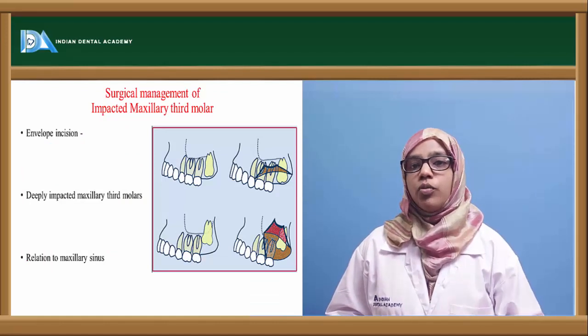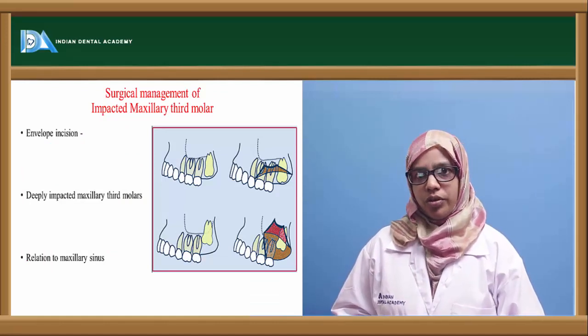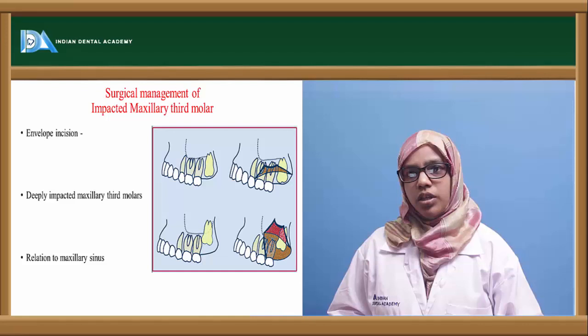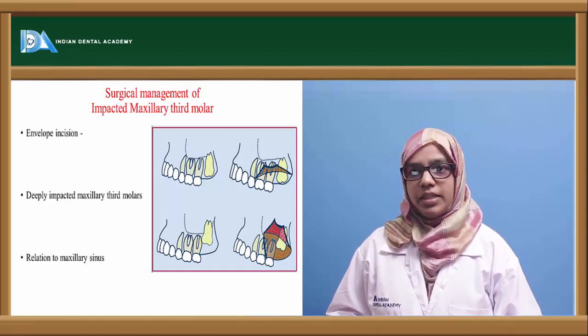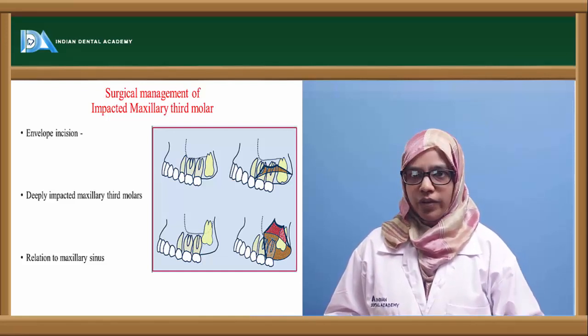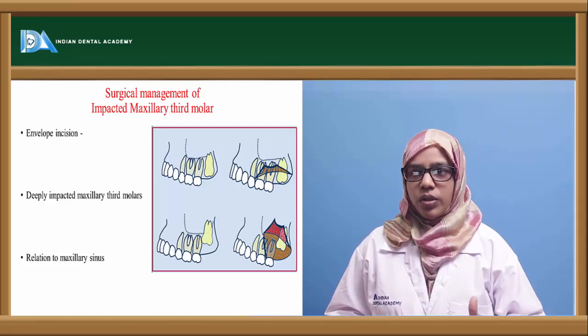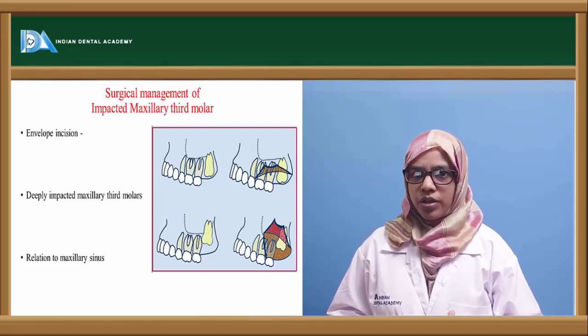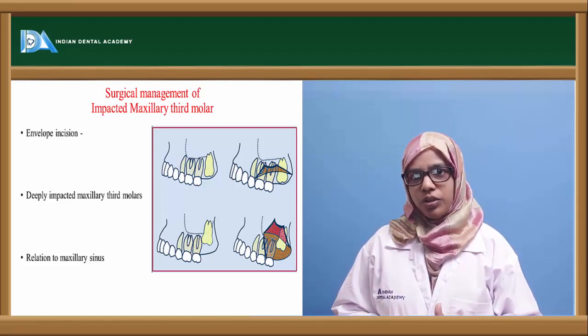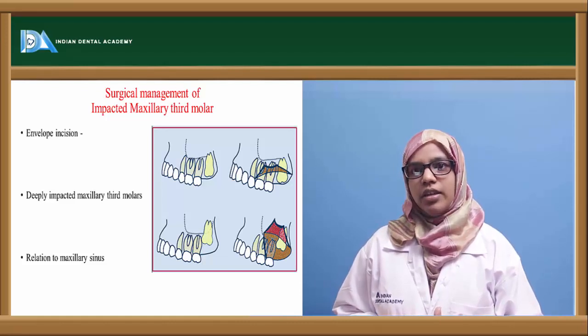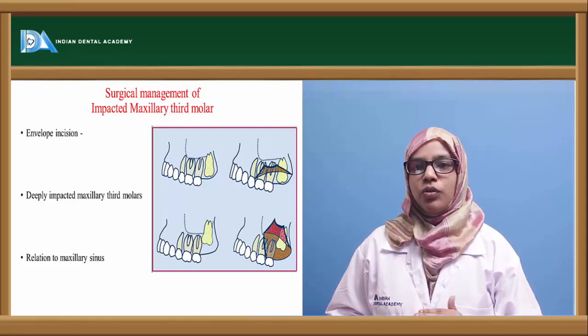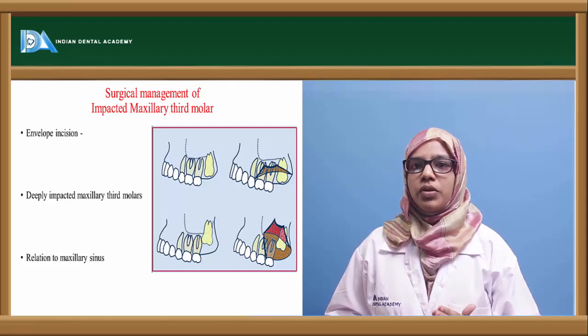Now, how will you remove an impacted maxillary third molar? In case where the tooth is not completely inside the bone, you can use an envelope flap, as you can see in the figure, which starts from the first molar, second molar and onto the distal portion, extending onto the buttress region. You will reflect a complete mucoperiosteal flap, do the bone guttering and remove the tooth.